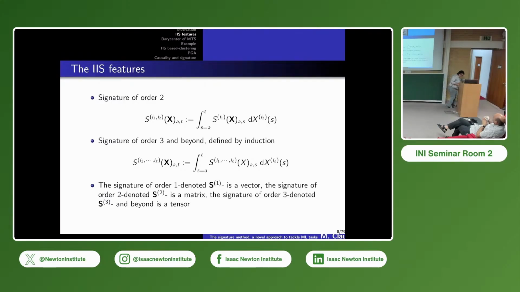I can write it. Here. Just to show you, for example, I have x1, ..., xp, my multivariate time series.